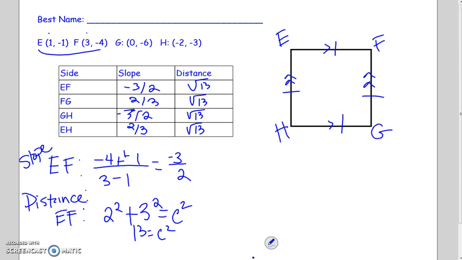But I'm going to look at the special relationship between these two. Those are negative reciprocals. What that means is there's a right angle there. Then I look from here to here, another right angle. Here to here, another right angle. And here to here, another right angle. So you have a quadrilateral with all four sides the same and right angles. That must be a square.